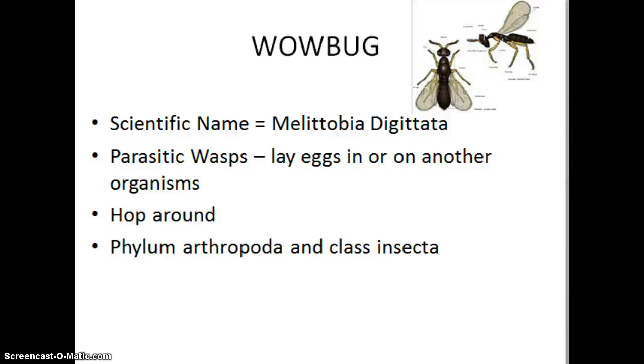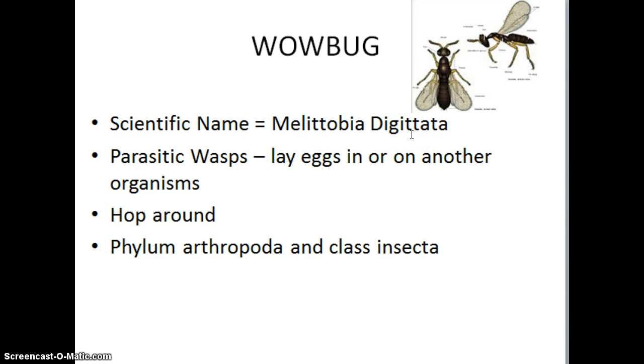So these bugs can't really survive that long or reproduce without a host insect. The scientific name for wow bug is Melittobia digitata. Reviewing, Melittobia is the genus name. Digitata is the species name. So there's several types of Melittobia. There's only one, Melittobia digitata.